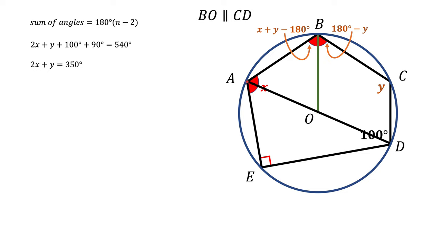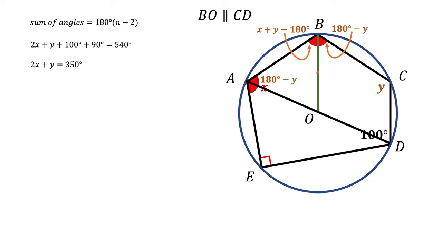Now let's look at the quadrilateral ABCD. That is a special kind of quadrilateral. It's an inscribed, or cyclic, quadrilateral. And we know that a quadrilateral is inscribed if and only if the sum of opposite angles is 180 degrees. Here we have angle Y, so the angle right here, angle BAD, will be 180 minus Y. Now let's look at triangle AOB.